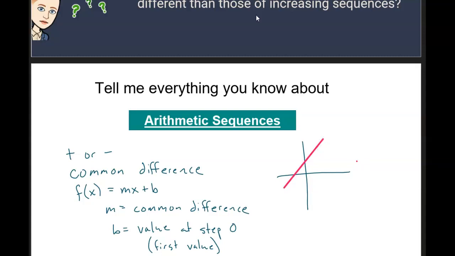So we know that arithmetic sequences form lines, and the common difference we discovered was the slope, and the value at step 0 was the y-intercept. So we know all of these things about arithmetic sequences. Awesome.